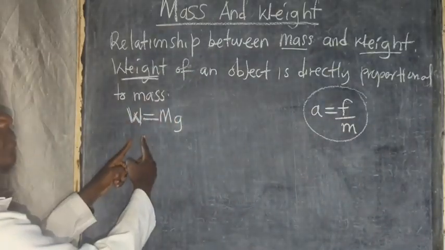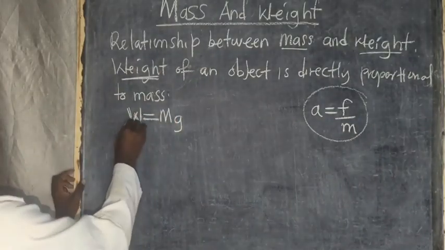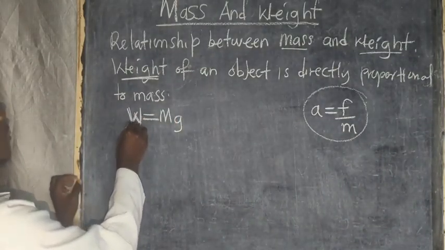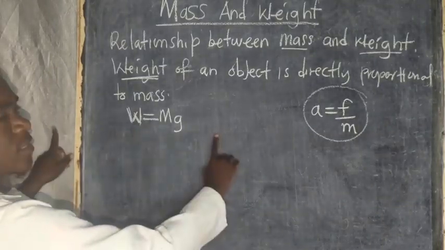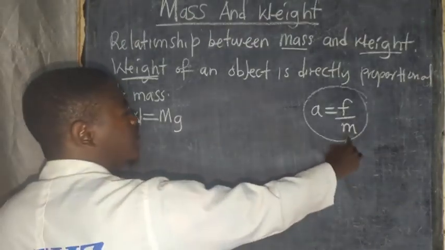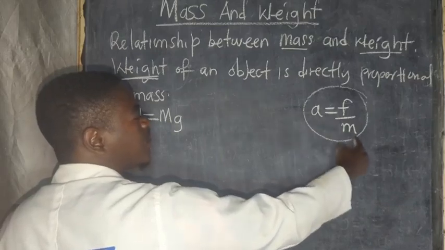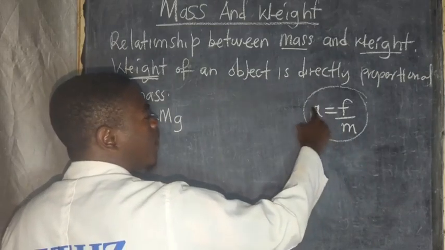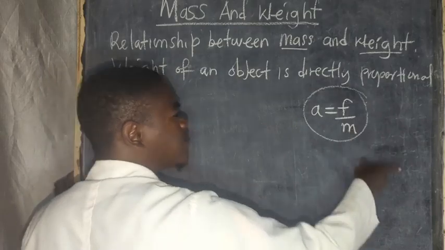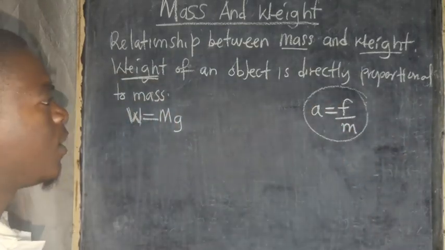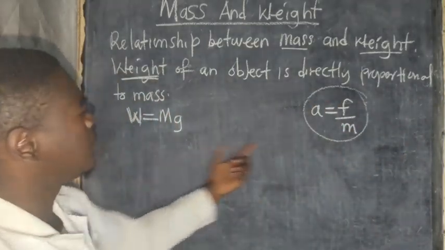But in this case, I'm saying that weight of an object is directly proportional; they are in a straight line like this. But the relationship between acceleration and mass is that acceleration is inversely proportional to the mass of an object.